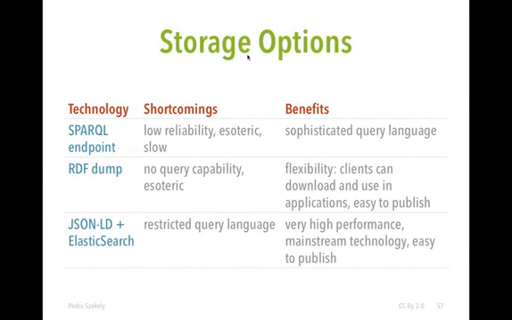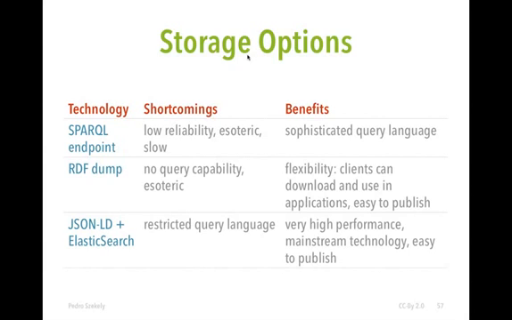In my mind, we have really three storage options. The one that everybody talks about is standing up a SPARQL endpoint. What this really means is storing the triples, the RDF, in an RDF database, and putting a query server on it so that everybody can do queries to your database.